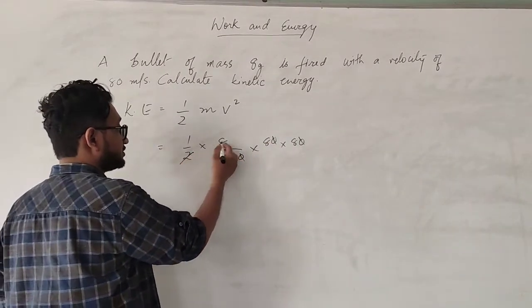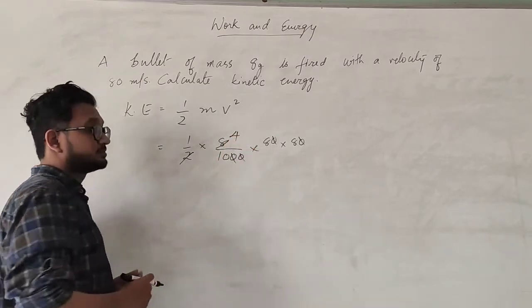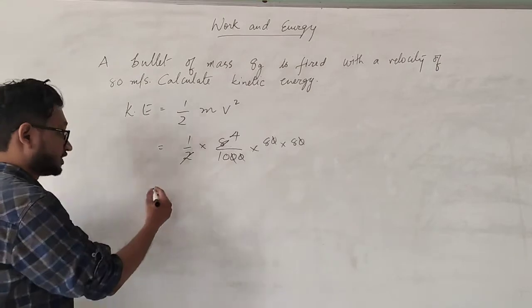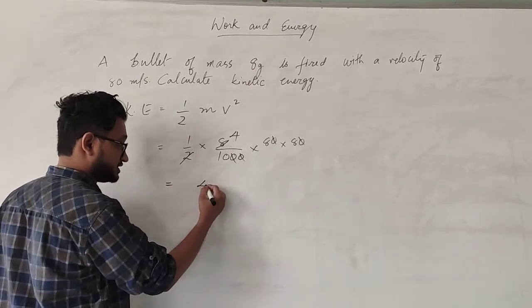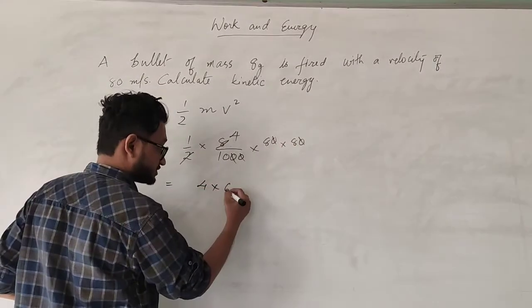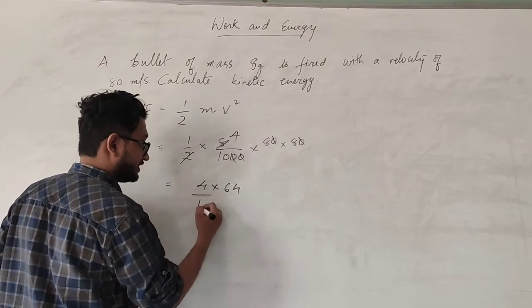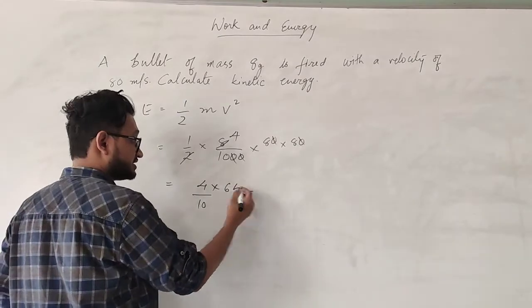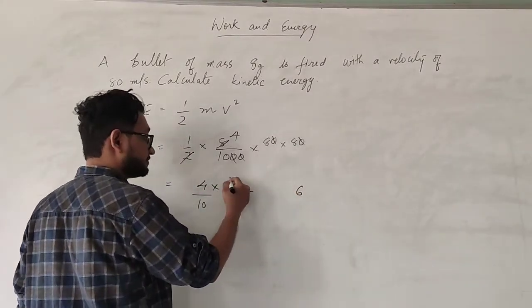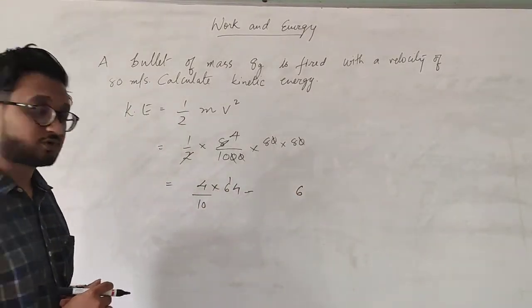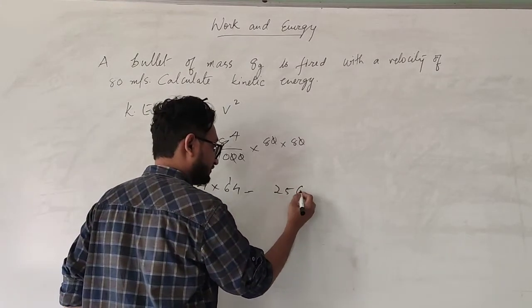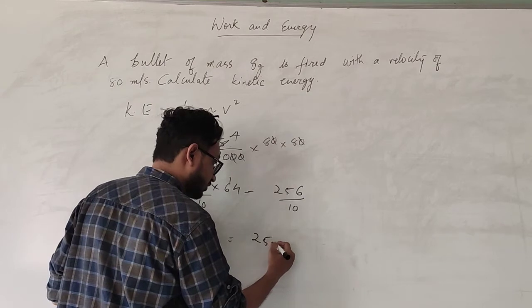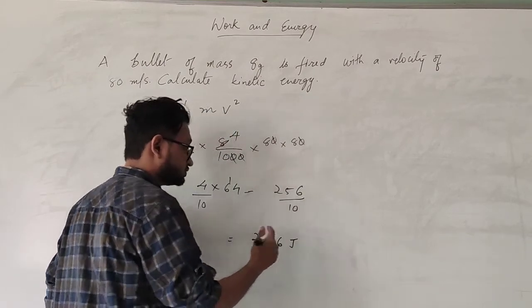Simple, 2 4s 8, 8 4s 32, so what we have remaining is 1 into 4 is 4, 8 into 64 and upon we have 10 remaining. Simply multiply this, that is 4 4 16, 4 6 is 24, 25 upon 10, that will give you 25.6 joules.